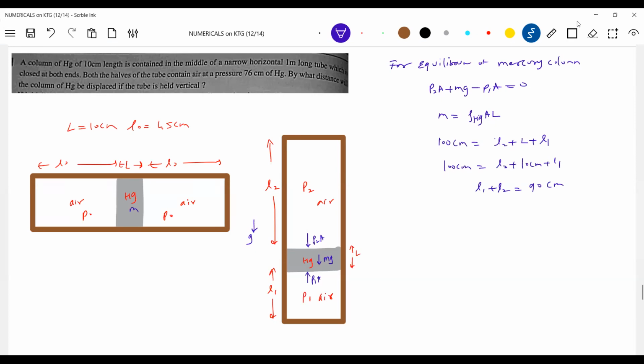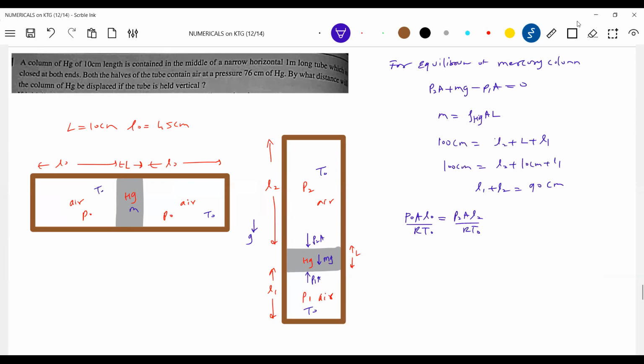The number of moles in the upper part will remain the same. Shall we go for this? Initial pressure P naught A L naught R T naught should be equal to P2 A L2 R T naught. Temperature will not change as the gas will undergo an isothermal process.